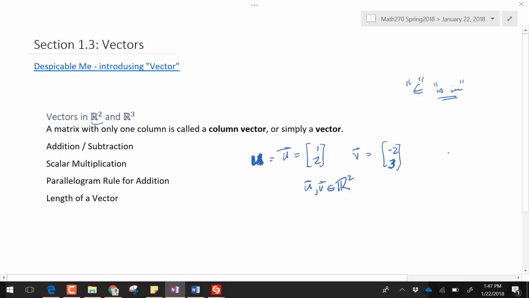And geometrically, we can view this as the points 1, 2, and -2, 3. But vectors are supposed to be arrows with direction and magnitude, and so it's better if we actually denote those as points that connect the origin to that point, and then there's your arrow with the direction and magnitude.